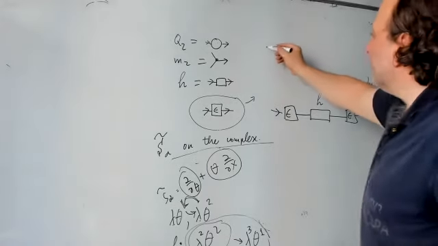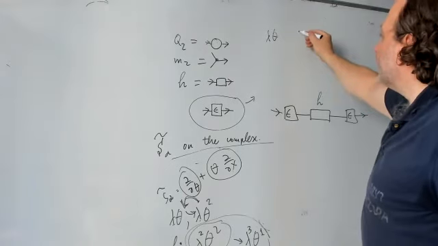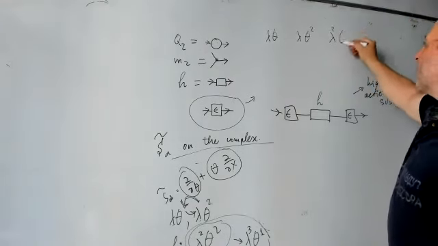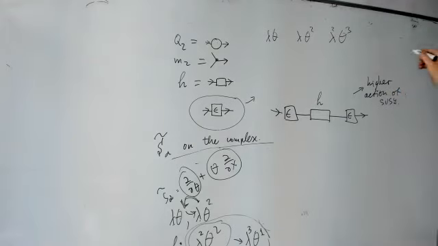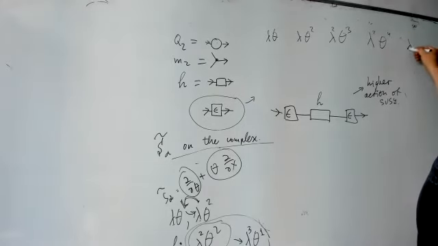Let us once again write this complex. Lambda theta squared, lambda square theta cube, lambda square theta fourth, lambda cube theta 5.